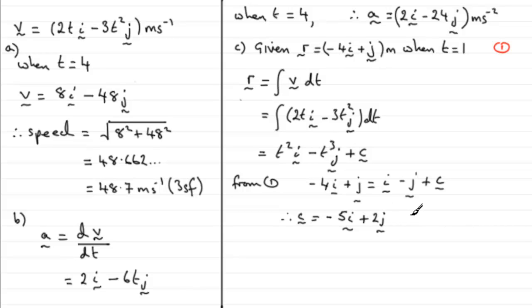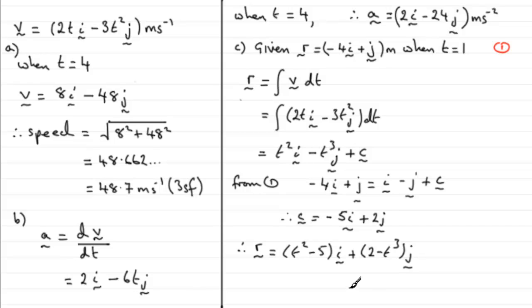So there's our constant c, and then if we substitute this back into this equation here, we therefore have that in general r is equal to t squared i minus that 5i as well, so we could write that as t squared minus 5 in the i direction. And when it comes to the j components, I've got minus t cubed in the j direction and 2 also in the j direction. So I've got plus 2 minus t cubed in the j direction.